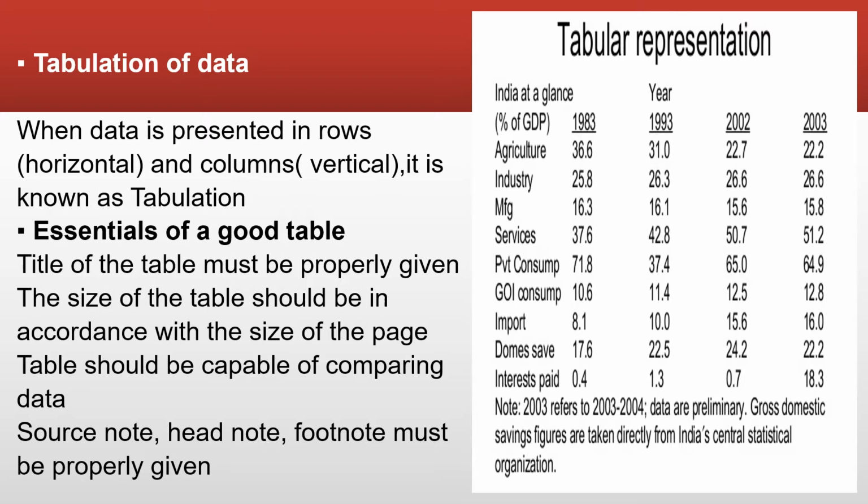So that brings us, let us define now what is tabulation of data. As you can see, when data is presented in rows, horizontally, and columns, that is vertically, it is known as tabulation.